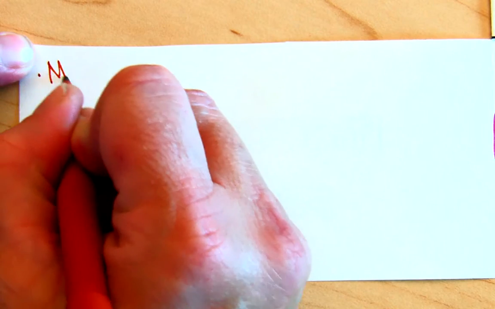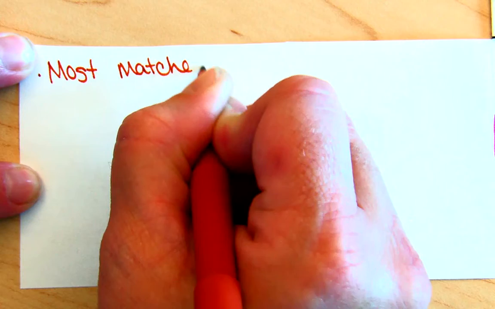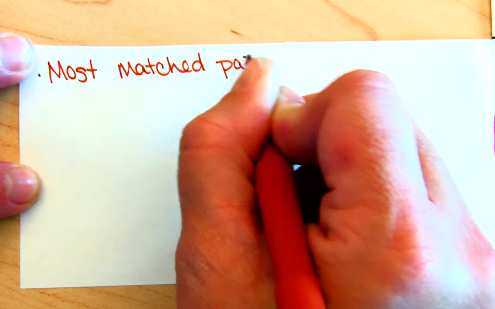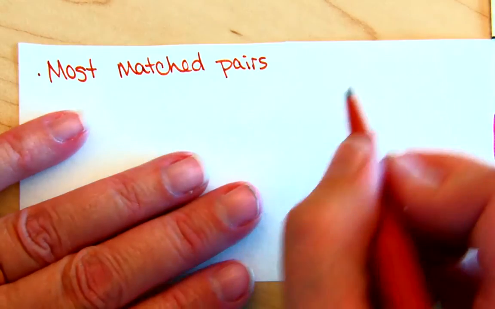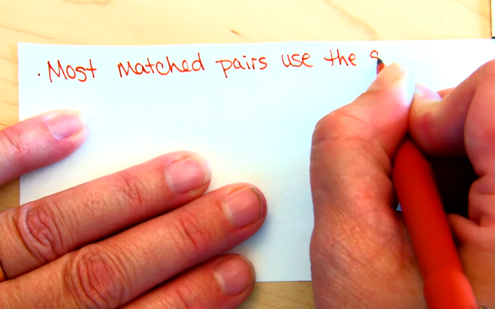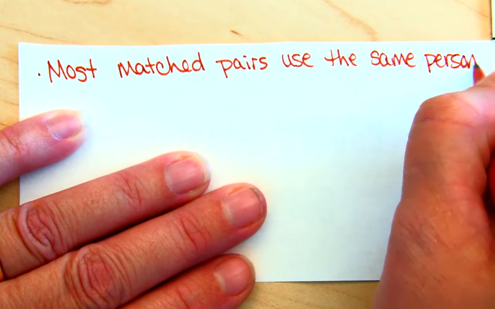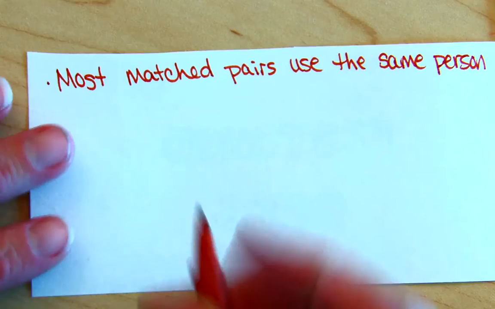Okay, so a few notes on matched pairs. So most matched pairs use the same person as their own control.